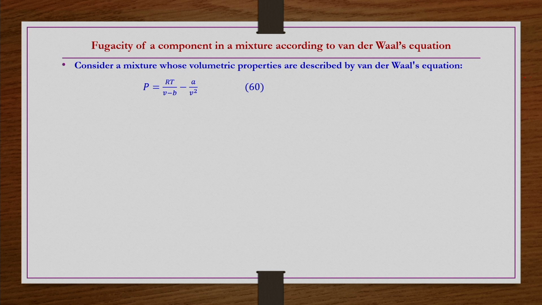So, for this equation, first we have to convert the molar volume into the total volume, and then we have to find the A, B constants for the mixture, because A and B are the van der Waals constants and these are for the mixture, since this equation is given for the mixture.